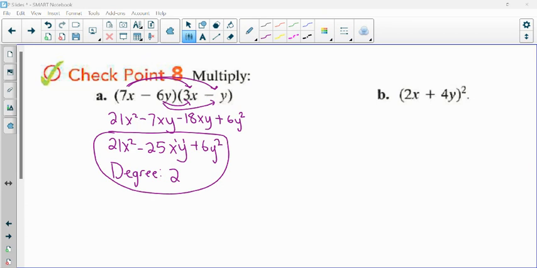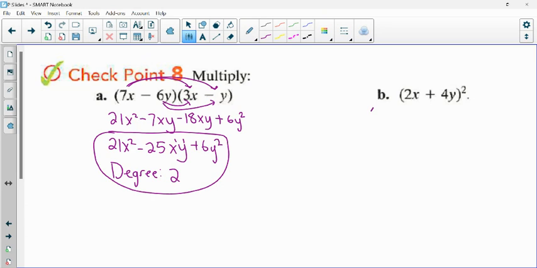All right, for letter B, now that is a binomial squared, and we're going to learn the shortcut to that coming up. But for right now, when you're squaring something, what does that mean? To multiply it by itself. So what we are squaring here is 2x plus 4y.